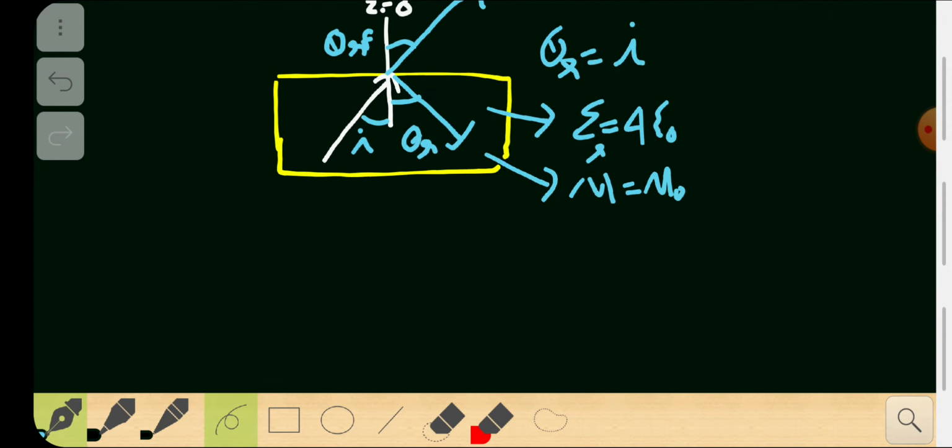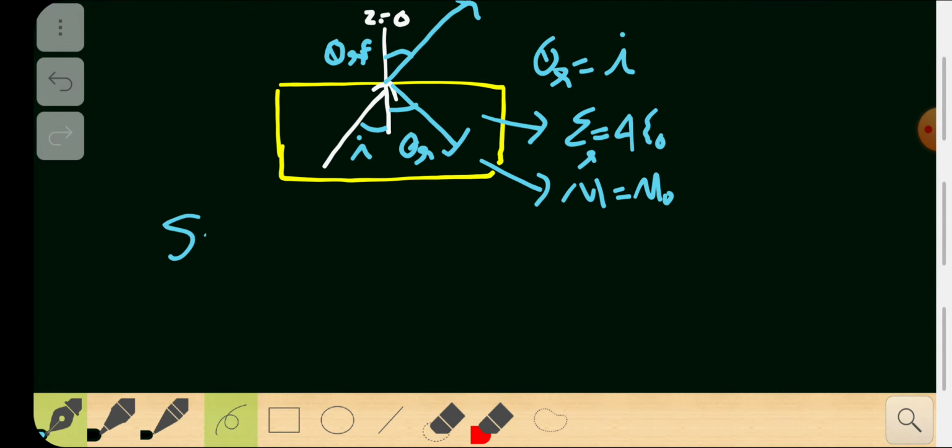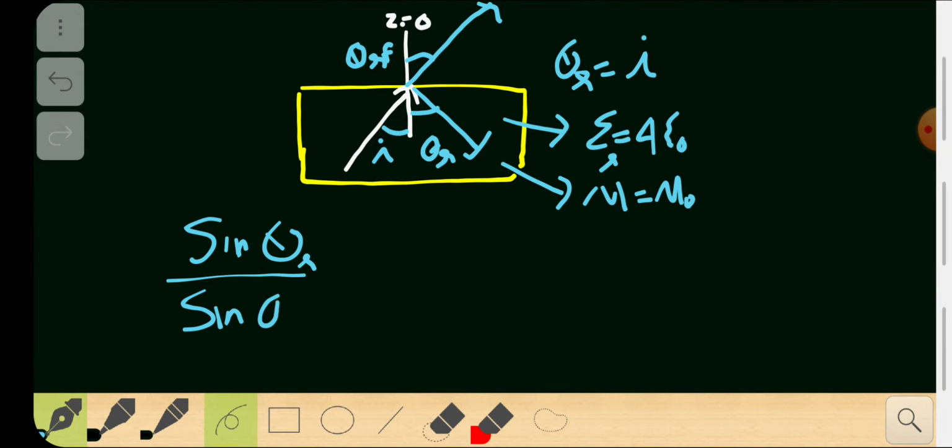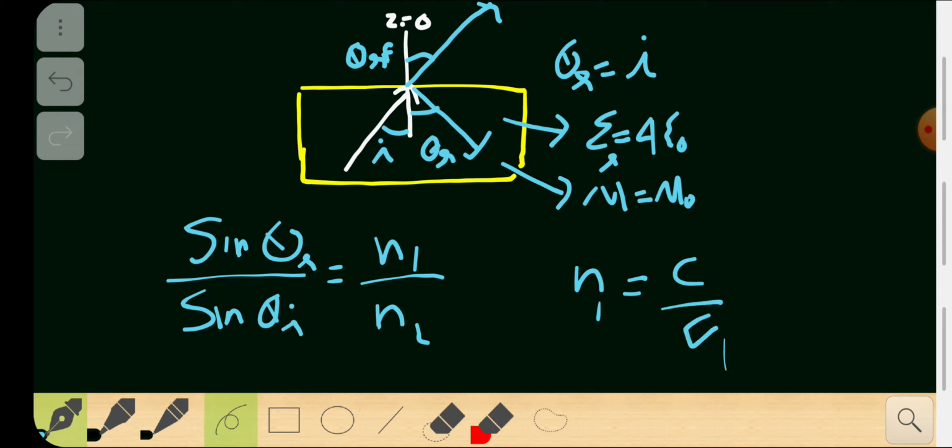Snell's law states that sine of the angle of reflection by sine of the angle of incidence must be equal to the refractive indices n1 by n2, where n is equal to c by v, so n1 is c by v1 and n2 is c by v2, the relative speeds.